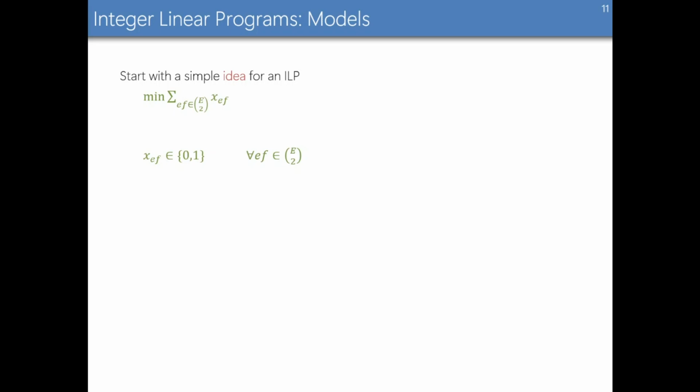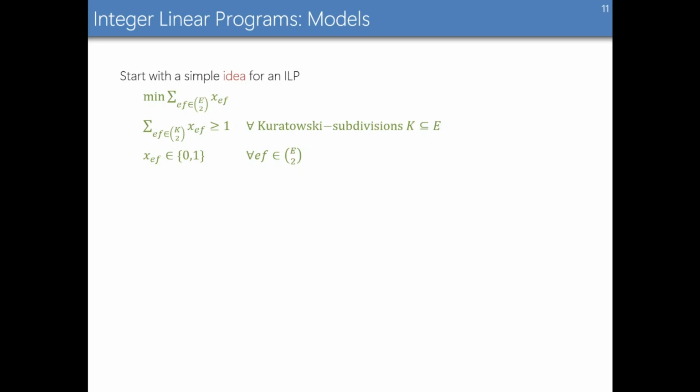And now, since this is an integer linear program, I have to find some linear constraints which force me to actually set some of these variables to a value different to 0. The idea is very, very straightforward. We know that a graph is non-planar if it contains a so-called Kuratowski subdivision, a subdivision of a K5 or a K3,3. So I could just go over all of these subdivisions I have in my graph. Granted, it's an exponential number, but who cares?